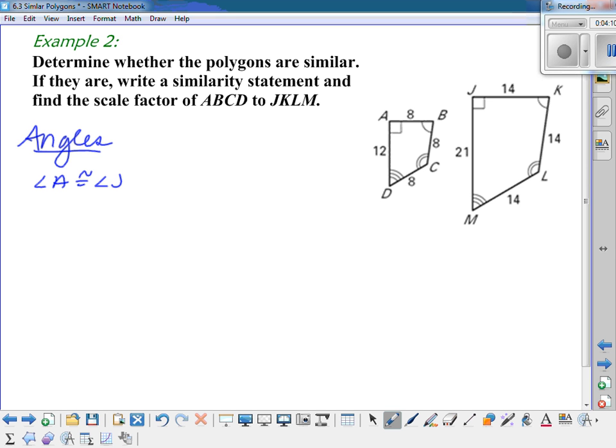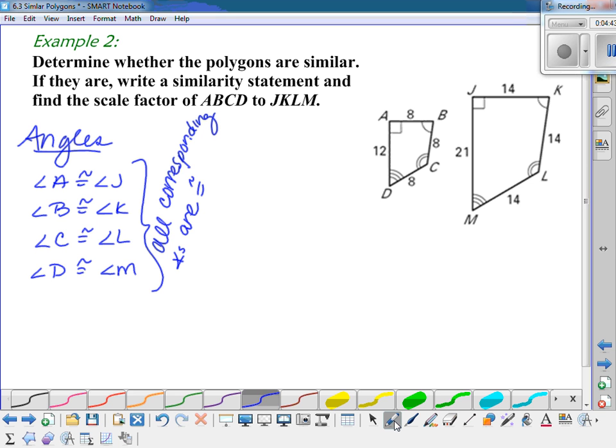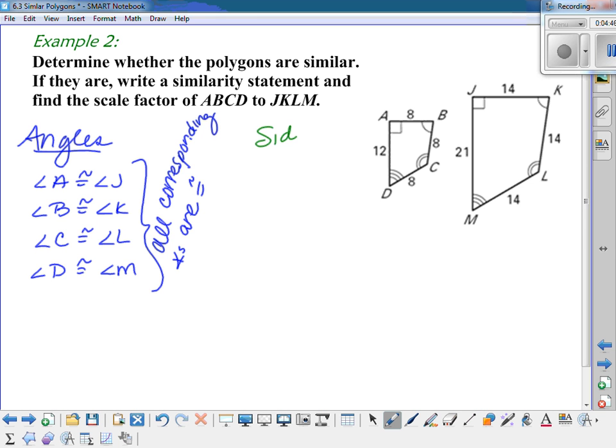And angle B is marked as congruent to angle K. Angle C is congruent to angle L. And angle D is congruent to angle M. So I've met the requirement of all the corresponding angles being congruent. So the next thing I have to look at is the sides. And are they proportional?